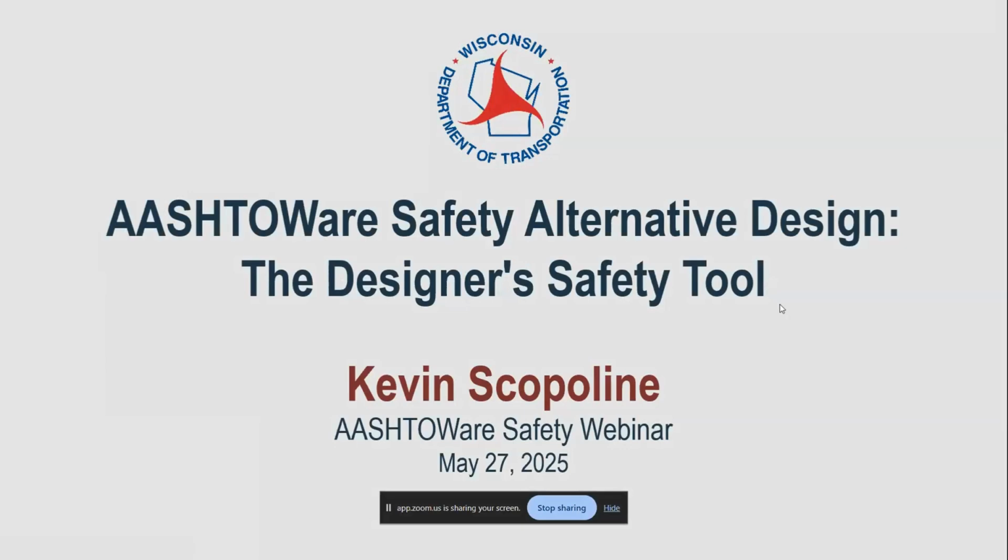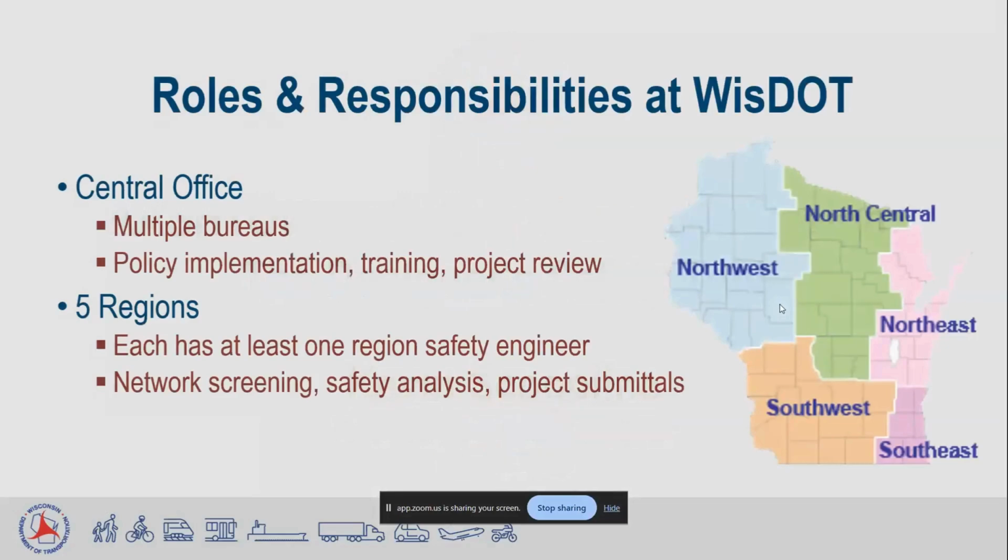With that, I want to talk about a little bit of what we are structured like at Wisconsin. So we have a central office that Dan and I are a part of. In our central office, we're responsible for a lot of our policy development, looking over different projects, doing some reviews, doing our training, working on implementing tools, all that at a high level to then roll out to our 5 different regions.